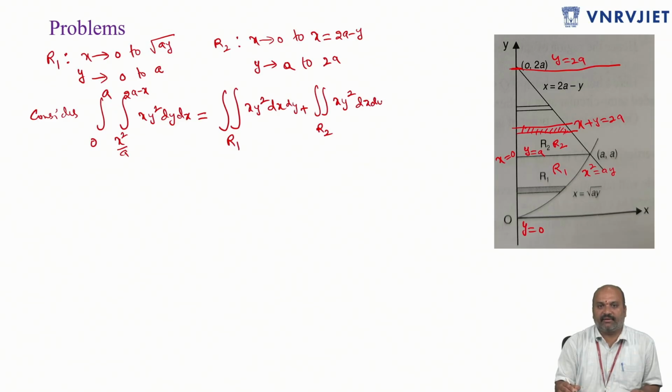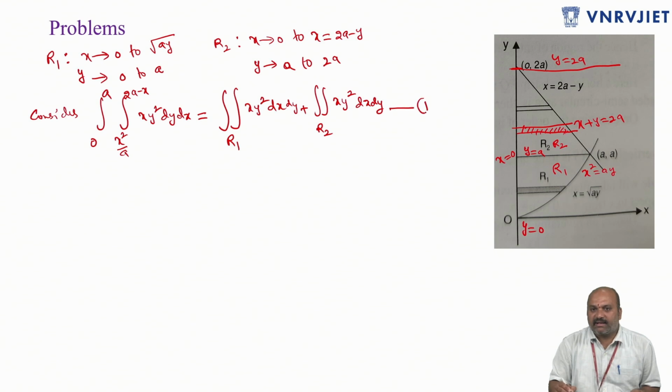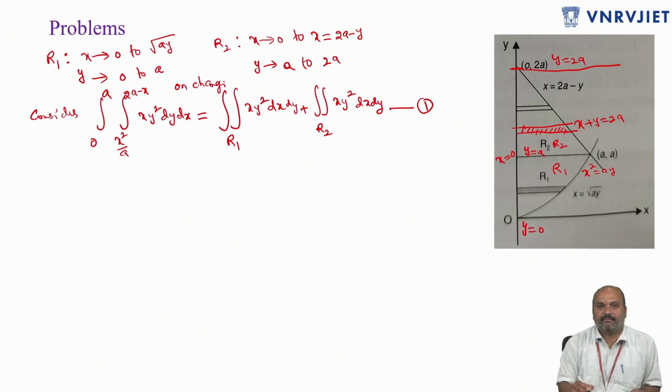Now let us take it as equation number 1. This is on changing the order of integration, we get this one. So we evaluate our double integrals, these two over regions R1 and R2 separately.